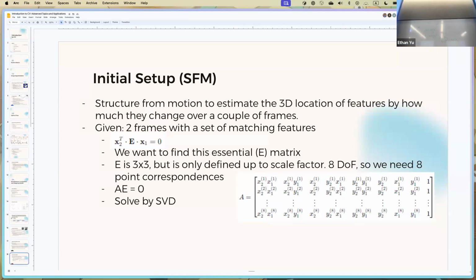I don't know if you guys talked about singular value decomposition last time, but in a lot of computer vision, once you get things in this form, you just solve it by doing an SVD. The solutions we're looking for, E, are in the null space of A, and SVD gives you a very easy way to find the null space of A. If you don't know what that means, you should look up a video on it.